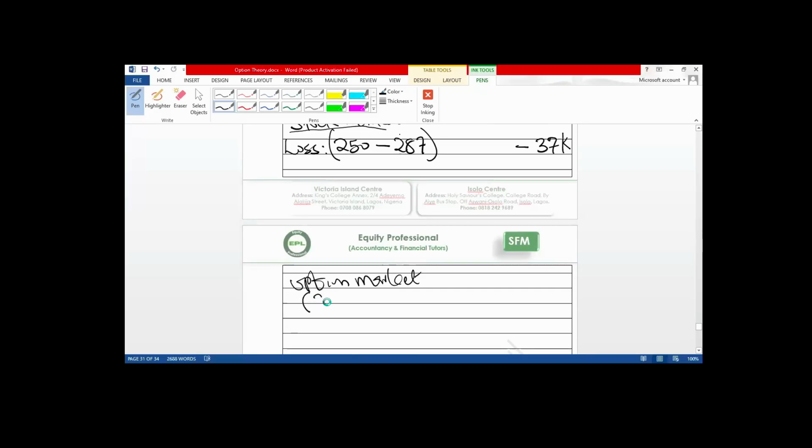Thereby, exercise price minus stock price at maturity, I'm going to get a profit of 30 kobo at the option market.